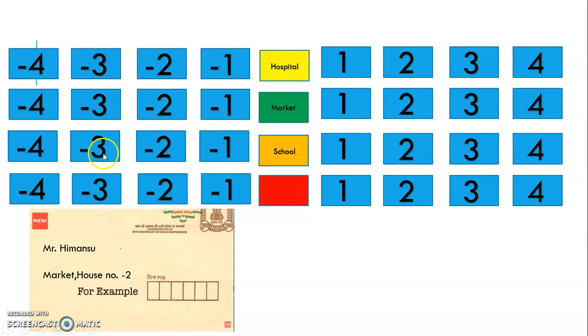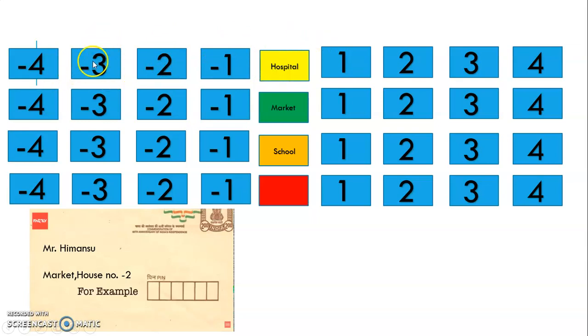Okay, let's take another example. Okay, we'll look at this example, this house. इसका एड्रेस क्या होगा? This is in the row in which there is a hospital, so the first reference point will be a hospital, and this is 3 blocks to the left of hospital.